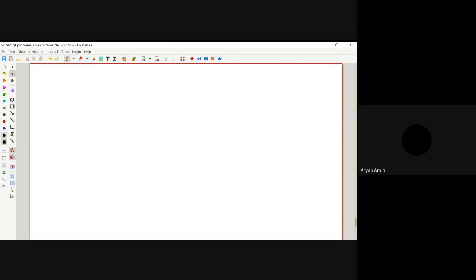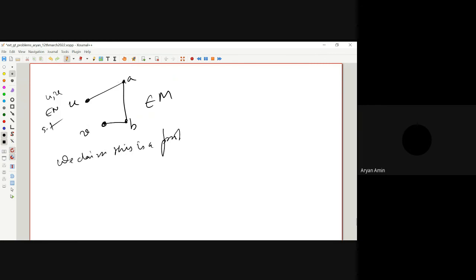So suppose something like this happens. Suppose AB belongs to the maximal matching, and there exist U and V in N such that AU is an edge and BV is an edge. We claim that this is a problem. Why?